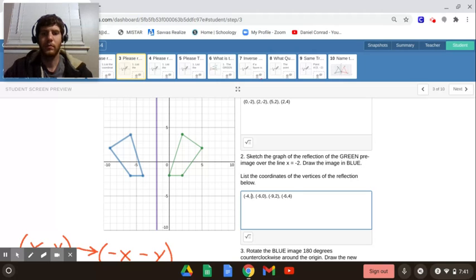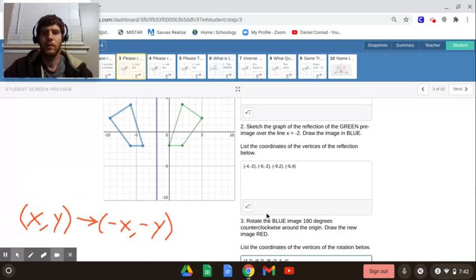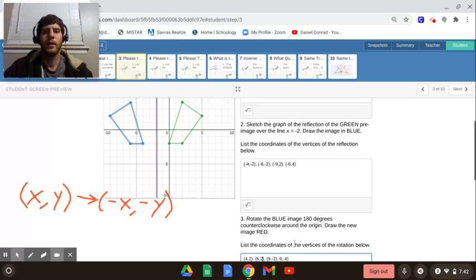These should be negative 2. Okay, that didn't make sense, right? So we should have 4, 2. We should have 6, 2. Okay, this makes more sense. I'm sorry, 4, 2, 6, 2, 9, negative 2, and then 6, negative 4.